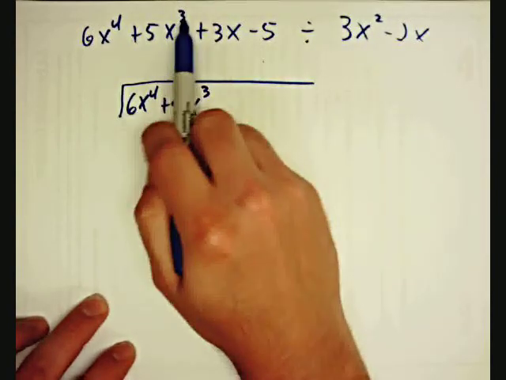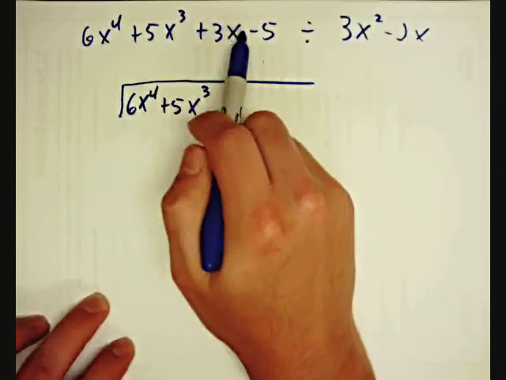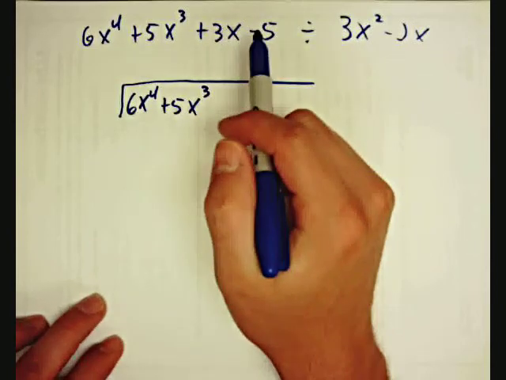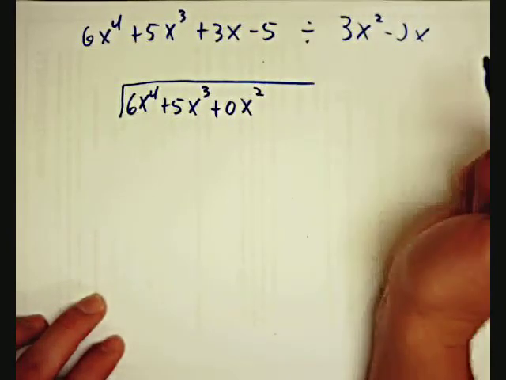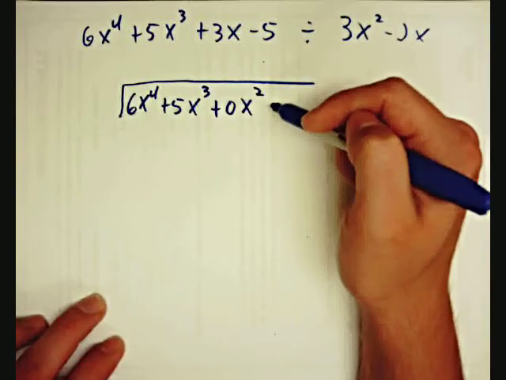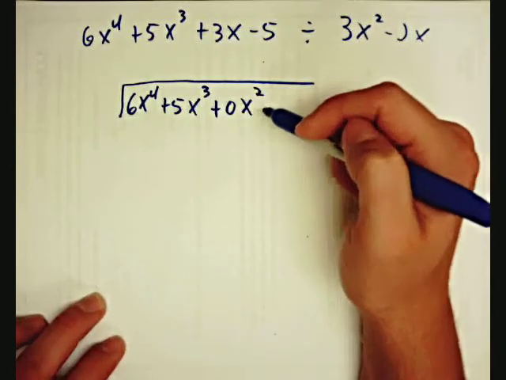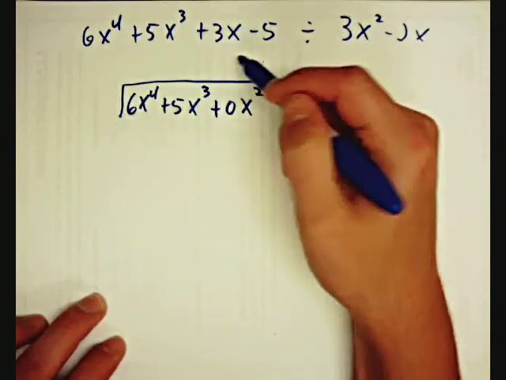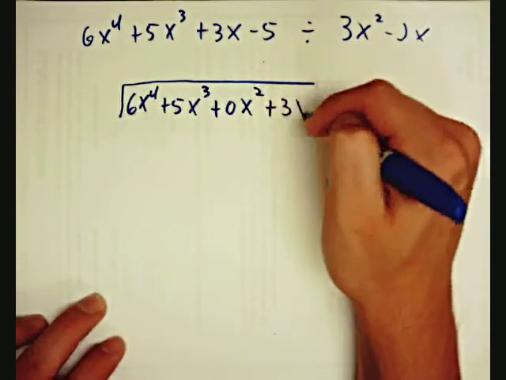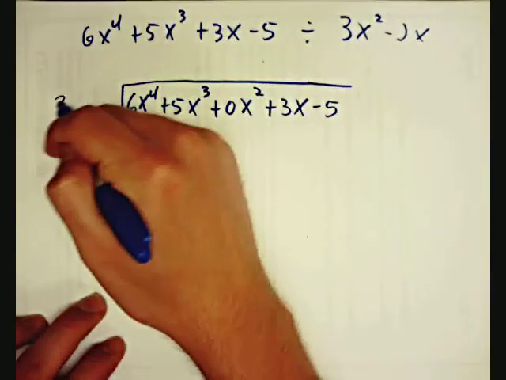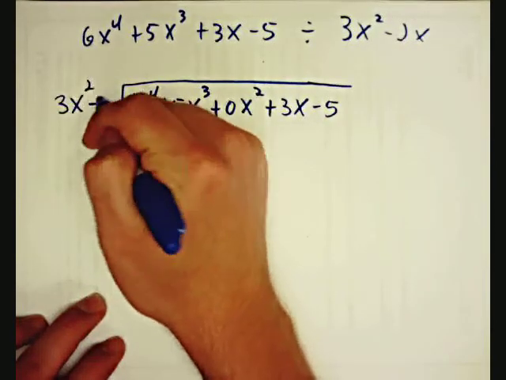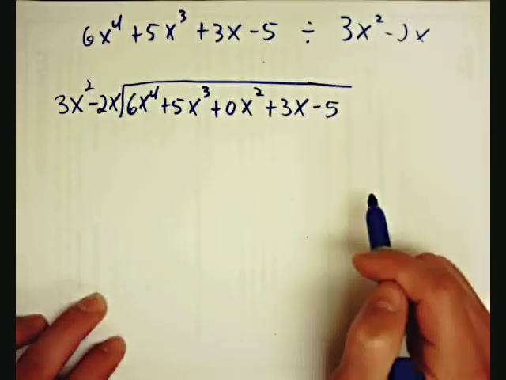Notice we skip from x cubed to x. Often having a placeholder for x squared is helpful. So let's put a 0x squared. Okay, we might not need that. We'll see as we go through, but just in case, we've got a placeholder with the 0. And then continuing, plus 3x minus 5. The divisor, 3x squared minus 2x outside.